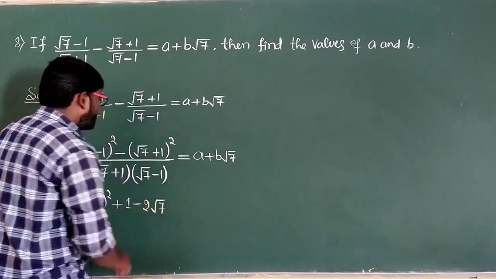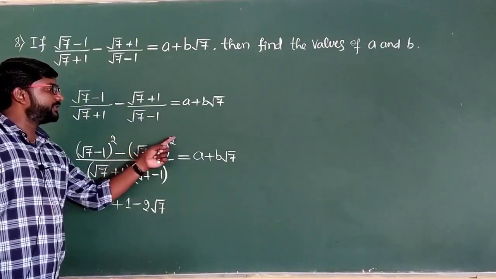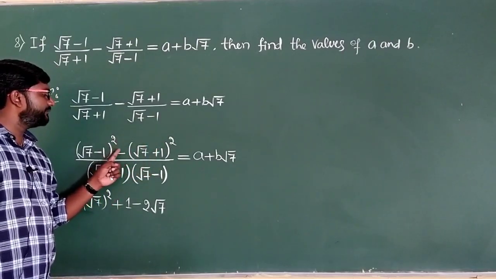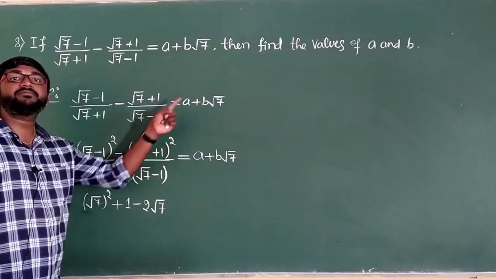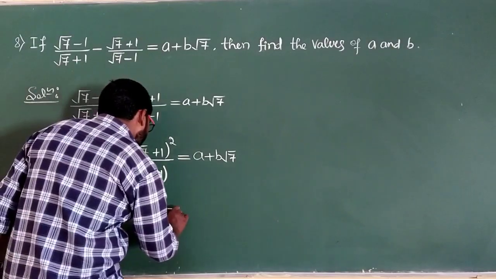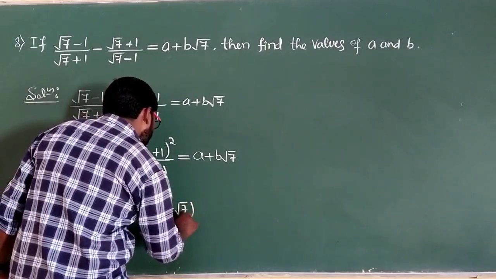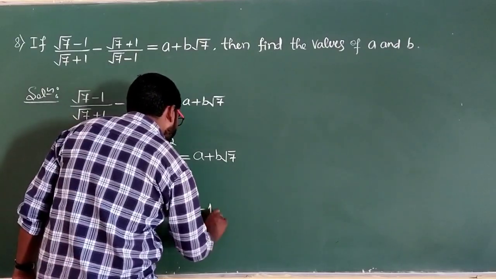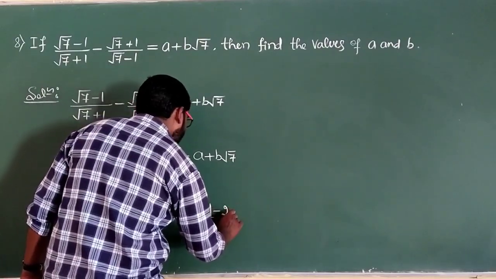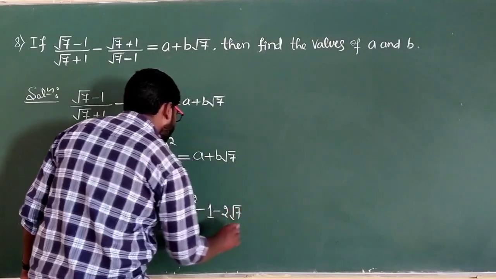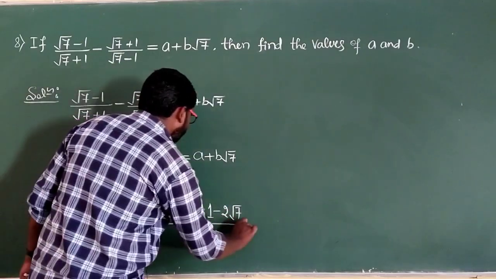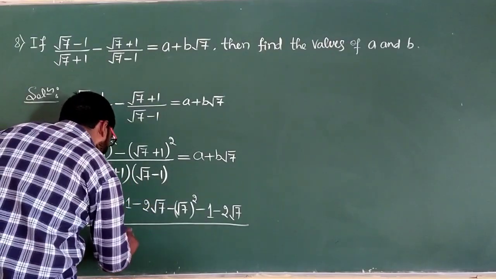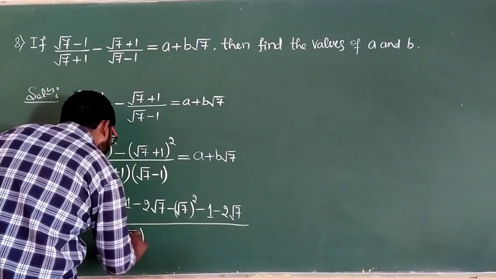Then here it is in the form of a plus b the whole square. Expand this and consider the minus sign. Here we have to multiply minus with all the 3 terms. We get minus root 7 the whole square, then minus 1 square, that will be 1, then minus 2 times ab, that is 2 root 7. In the denominator we have a plus b into a minus b, which will give us a square minus b square.